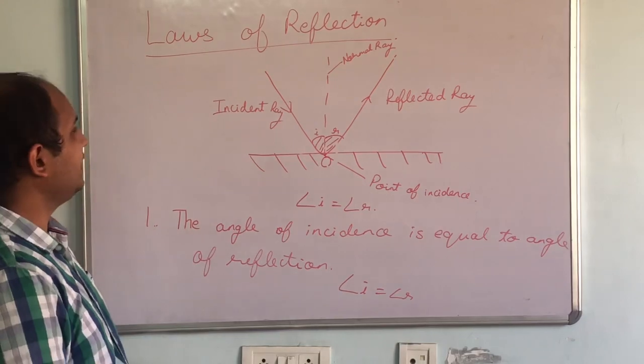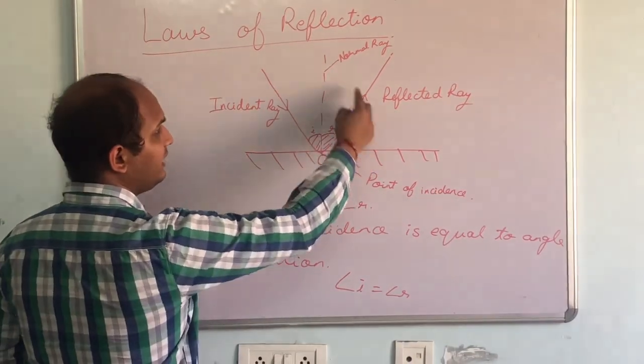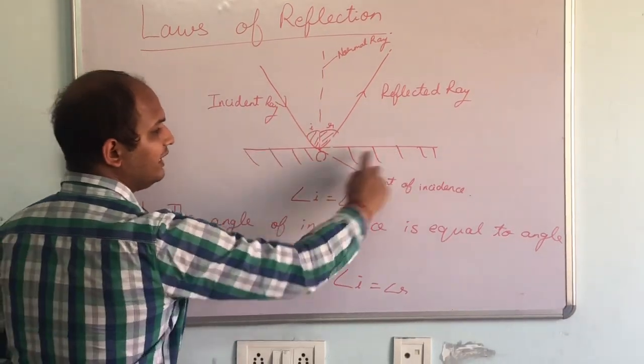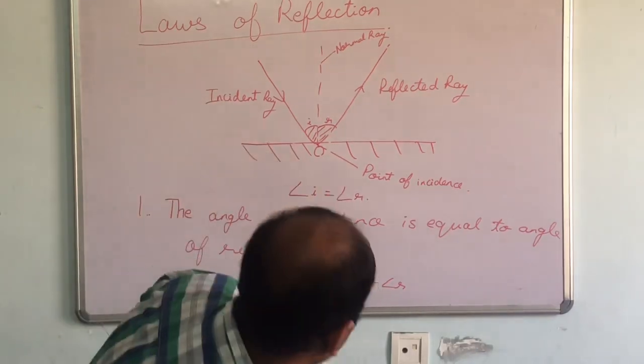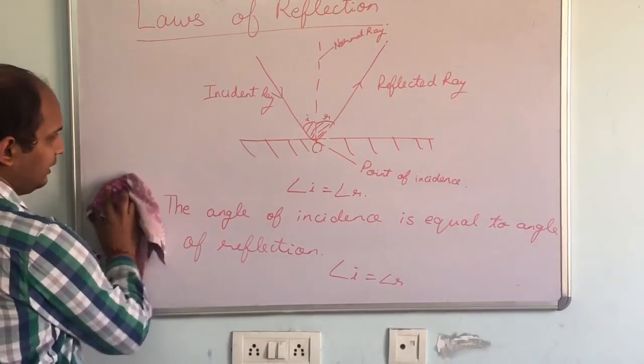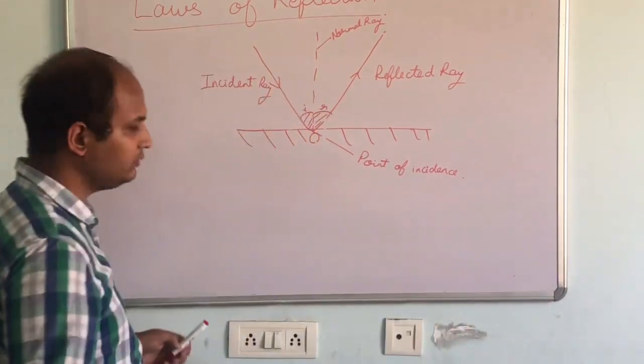The second law is: the incident ray, the reflected ray and the normal all lie on the same plane at the point of incidence. This is a very simple law. I have to erase this. I am going to write the second law.